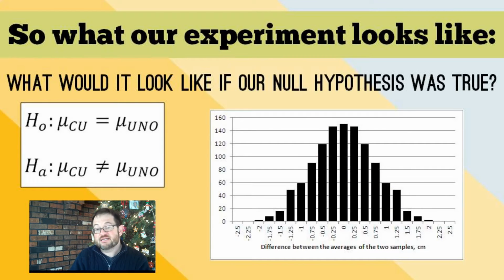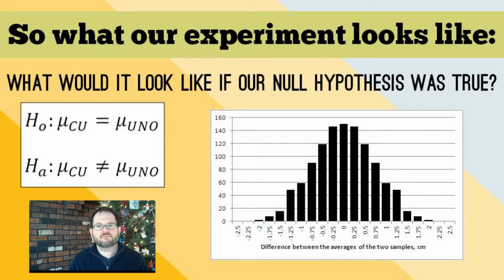Rather, that difference, y bar CU minus y bar UNO, has a distribution. If I conducted that experiment 1,000 times, like what we talked about in the last lecture, and the null hypothesis is true, most of the time that difference would be really small. Again, we're working in the hypothesis idea here that the null hypothesis is true. So most of the time I take an average of the Creighton students and an average of the UNO students, that difference is going to be small, and we get this hump in the distribution right around the difference being equal to 0.